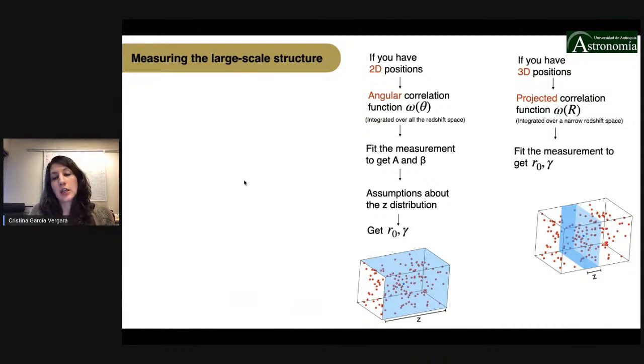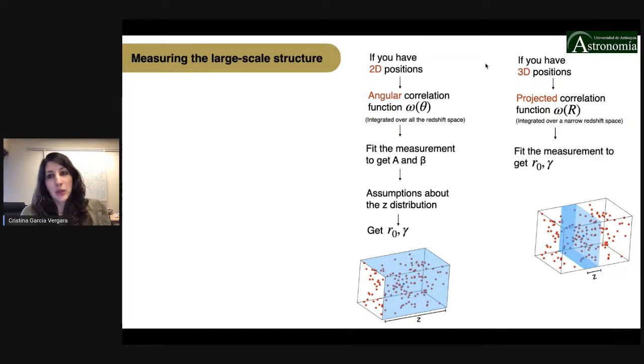I also explained to you how you can measure the 2-point correlation function in practice, depending on what data was available. Then I told you that with 2D positions, with 2D data, you are only able to measure an angular correlation function, which is more affected by projection effects and also is more noisy, but we can anyway measure and constrain the R naught and gamma parameters using only 2D positions of the sources.